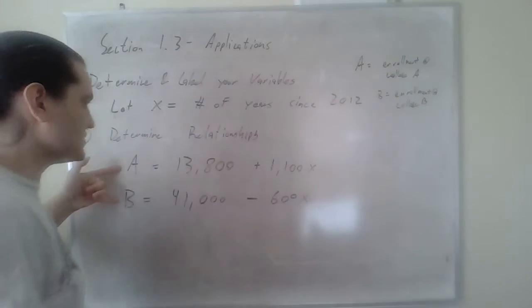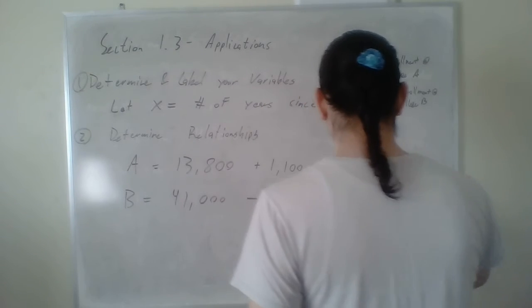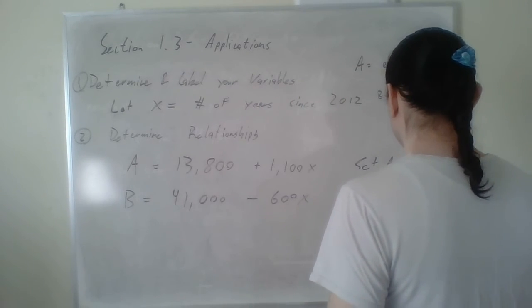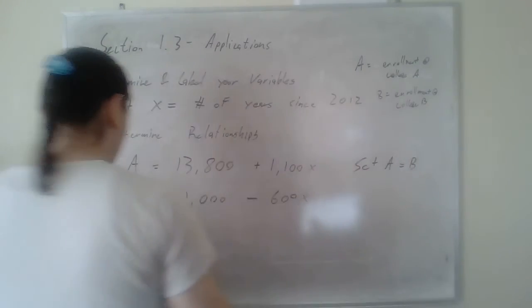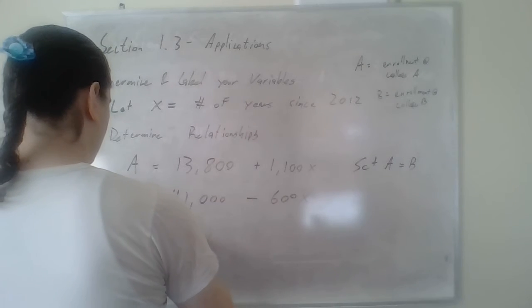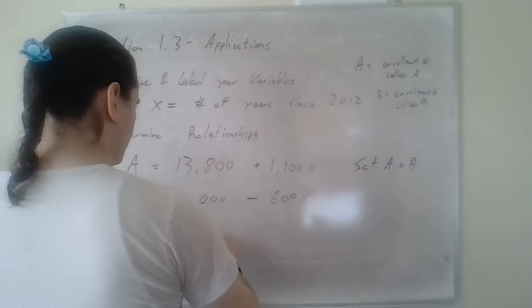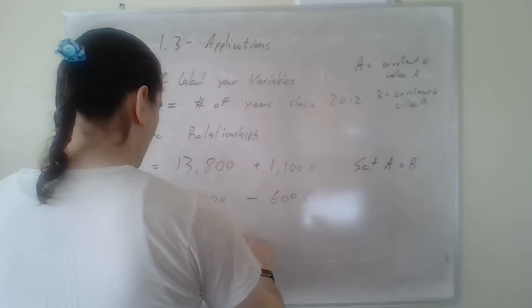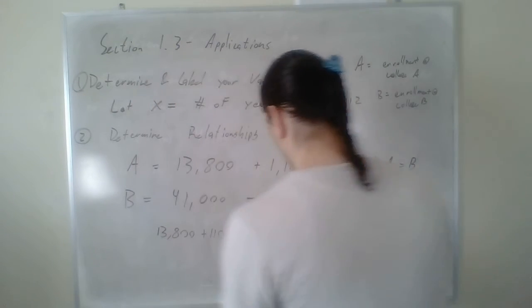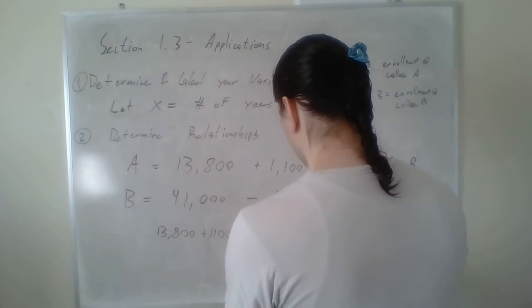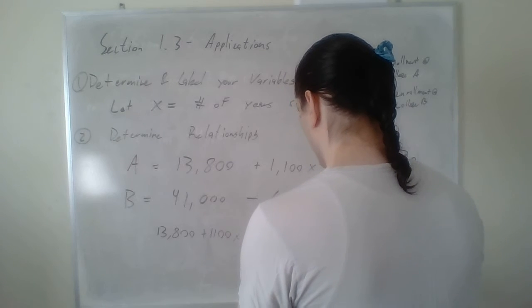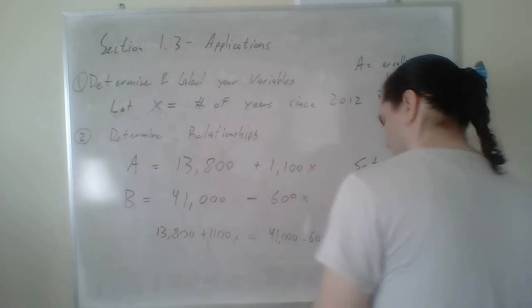So all we have to do is set A equal to B. If you set A equal to B, then you get 13,800 plus 1,100x equals 41,000 minus 600x.